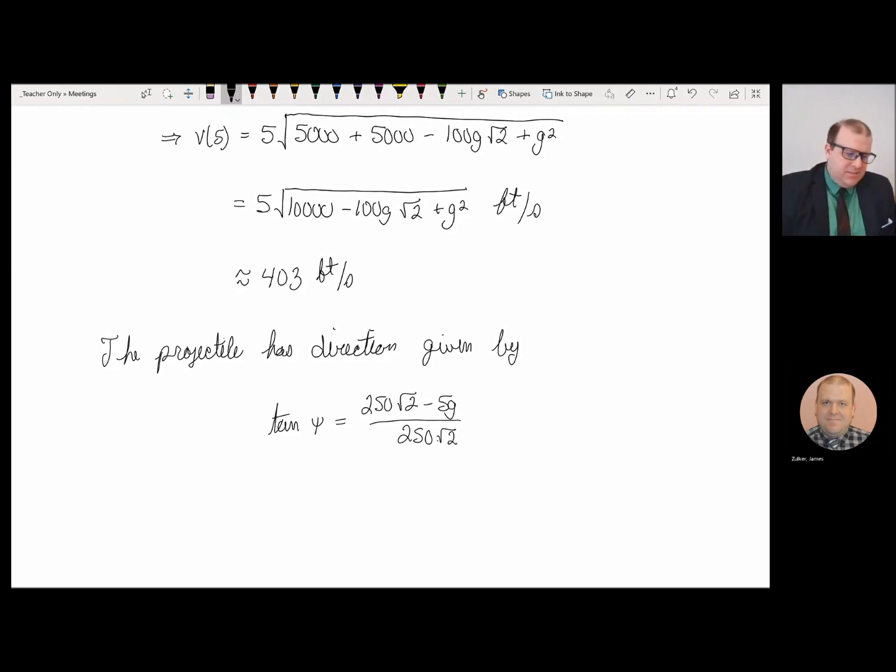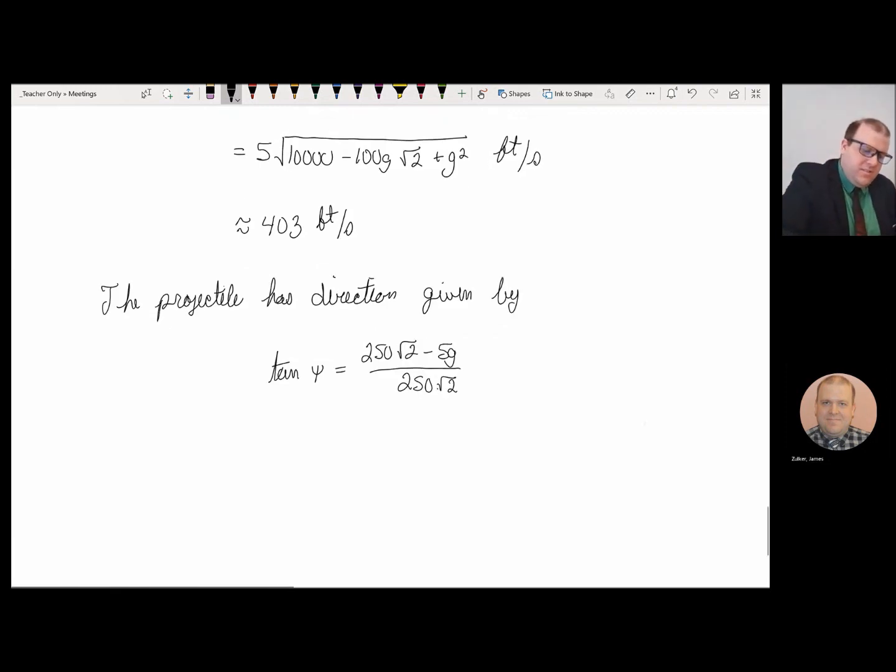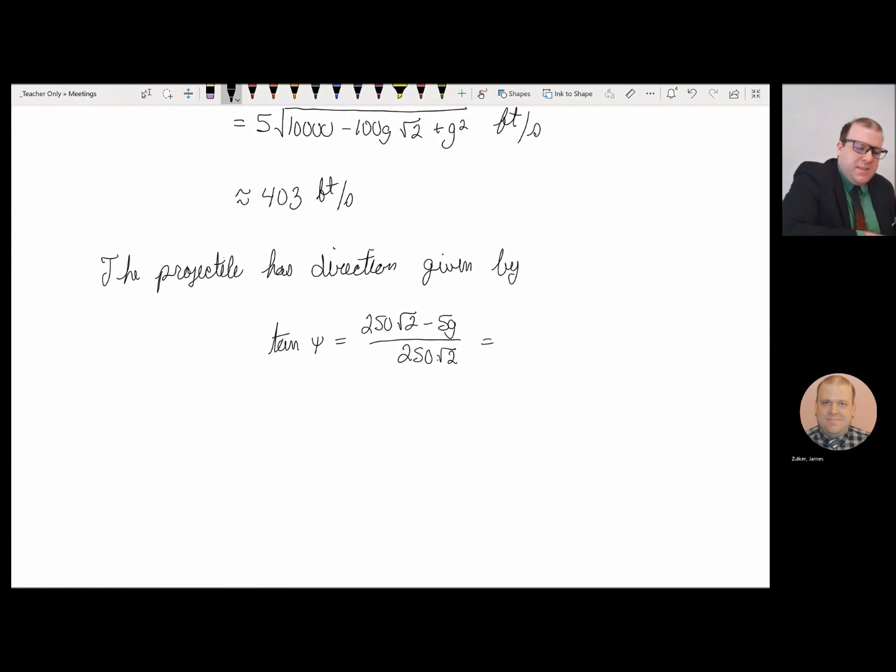That gives the angle. That's the direction. Which of course can be simplified, right? We can factor out the 5 and get (50 root 2 minus g) over 50 root 2.